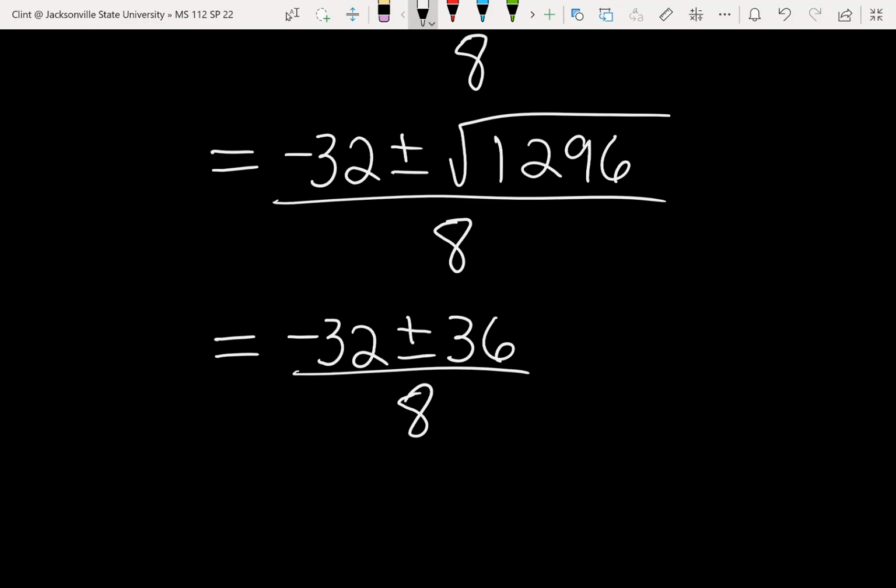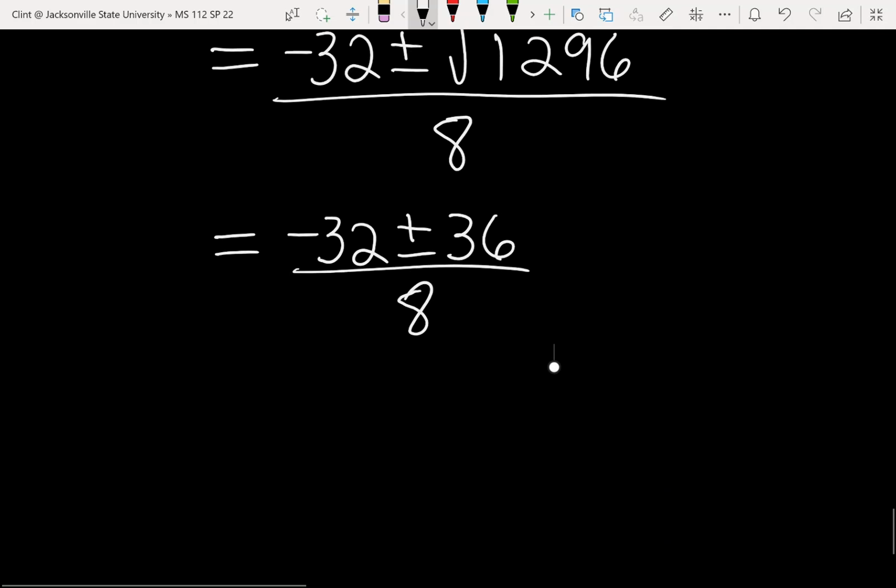And then we'll get two solutions. Positive discriminant, so we can expect two solutions. So we'll get one by taking the plus sign. So if we do negative 32 plus 36, that's 4 over 8, which simplifies to 1/2.